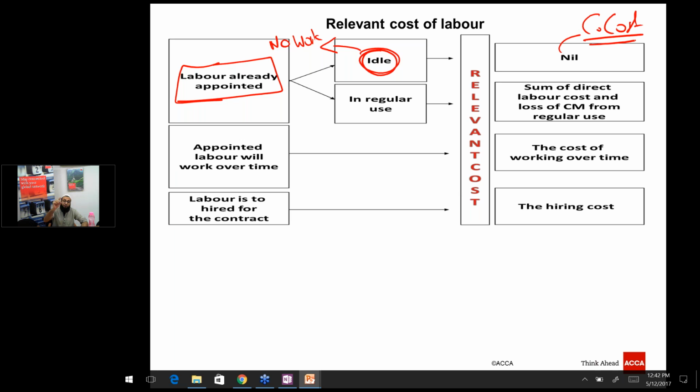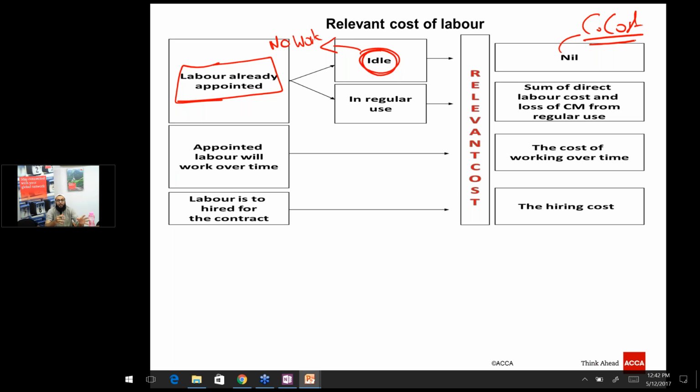Creating a link with rule of 5. This is committed cost. Why committed cost? Because the labor is already appointed. You are already paying that labor. He or she is idle because of maybe lower demand for some regular work that you do.